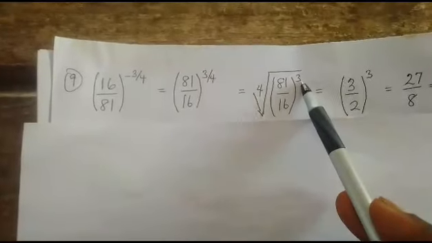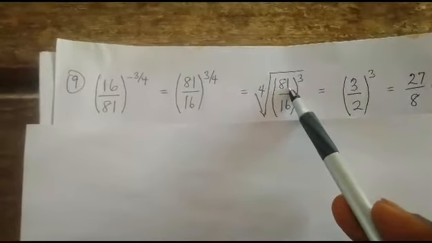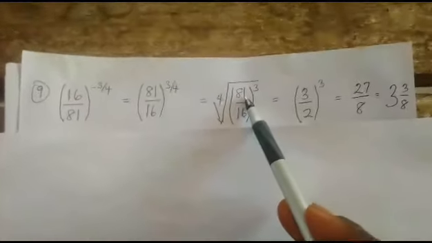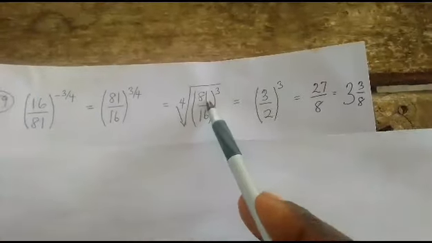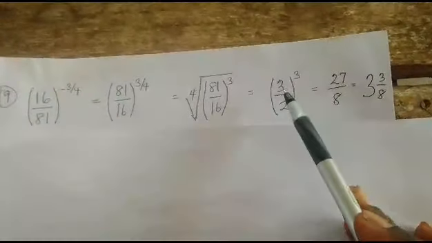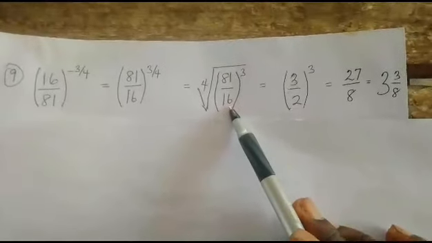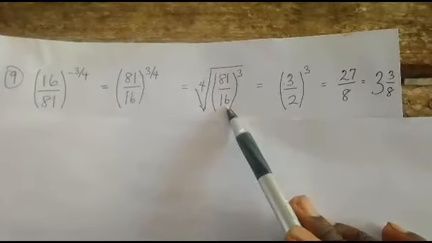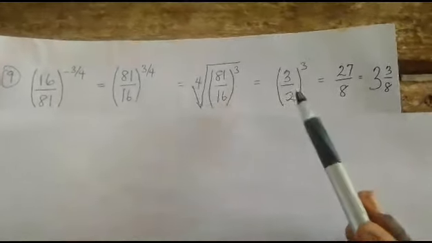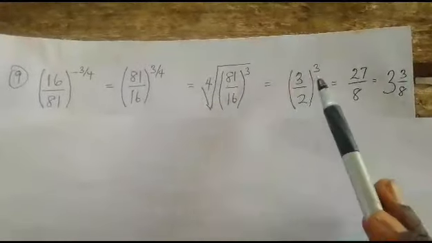Then you look for the cube. The fourth root of 81, the same number you multiply 4 times to give us 81, is 3. The fourth root of 16, the same number you multiply 4 times to give us 16, is 2. So you have 3 over 2.